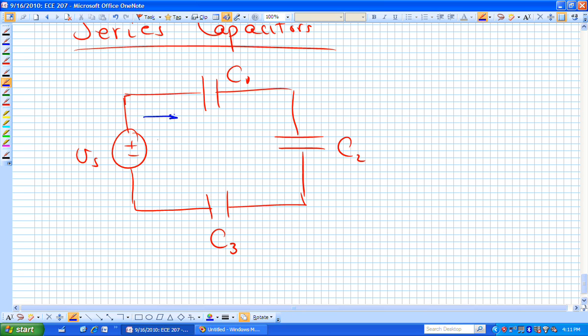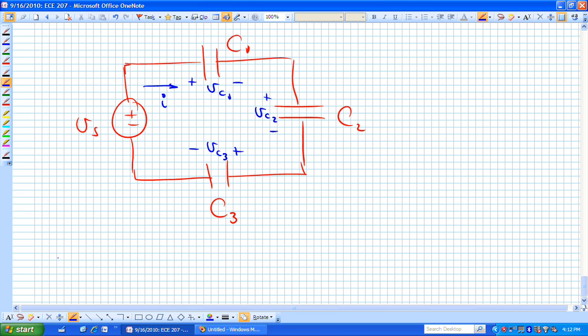We will have a current flowing in that circuit. We can call it I. And we could label these voltages so that they obey this passive sign convention that we've established, and now we can immediately write down this ICE relationship for all three capacitors once we get there.